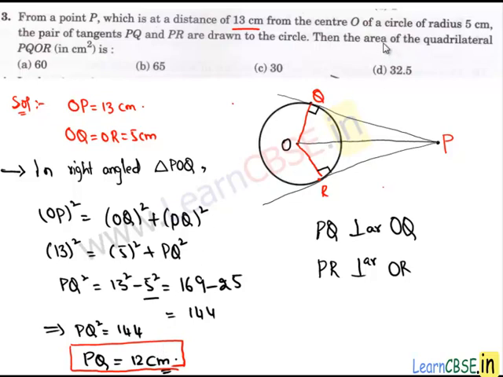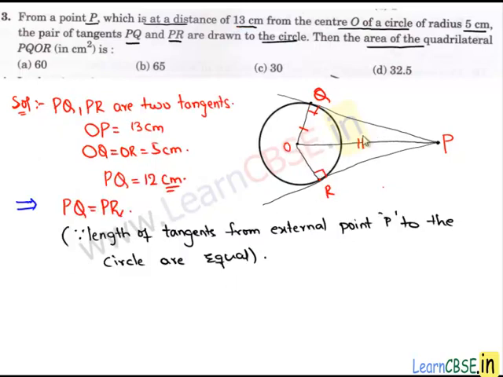Now we have to find the area of quadrilateral PQOR. In this figure, we have to recall a property. When tangents are drawn from an external point, the lengths of the tangents are equal. That is, the length of the tangent PQ is equal to the length of the tangent PR. And here we can say that triangle POQ is similar to triangle POR.